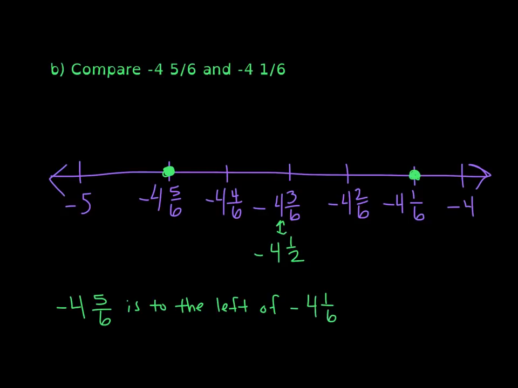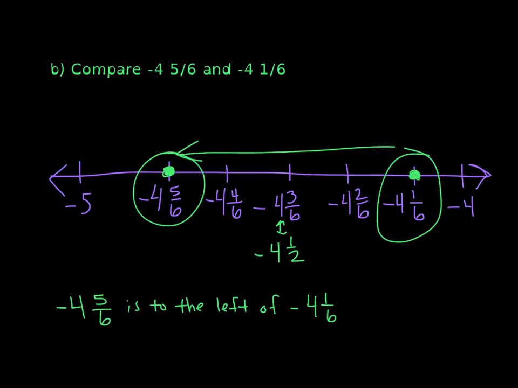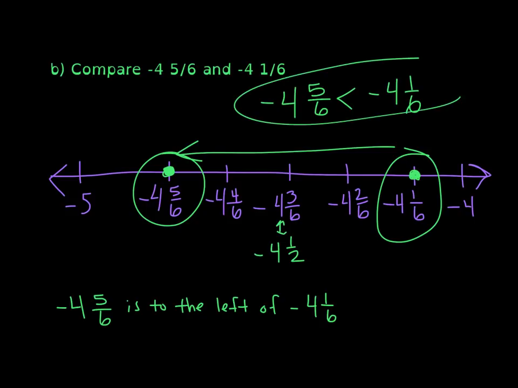So what that tells us is we would write as an answer, if we're going to compare them, negative 4 and 5/6 is less than negative 4 and 1/6. And this would be my final answer.